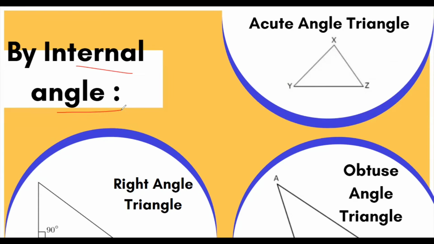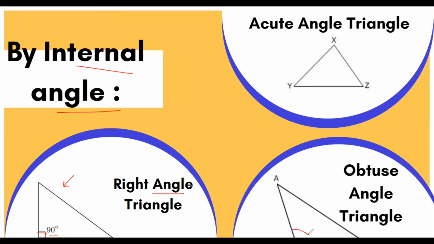Now what does internal angle mean? The angles which are in between the adjacent sides. So here you can see if the interior angle is 90 degrees, and the triangle will be formed always like this, it would be called a right angle triangle.